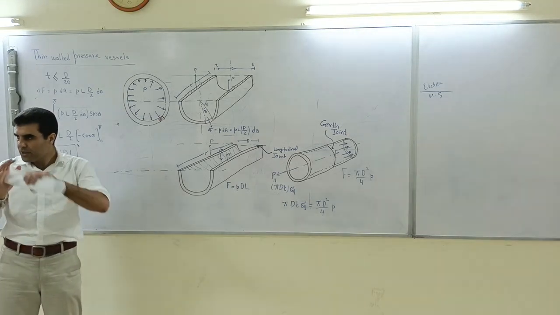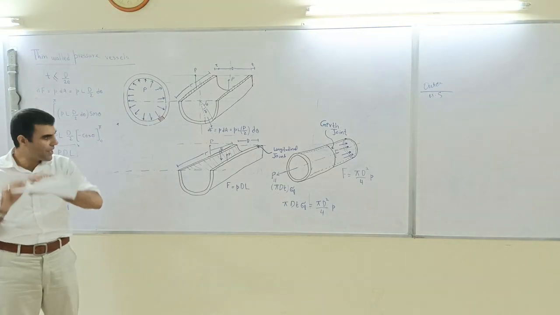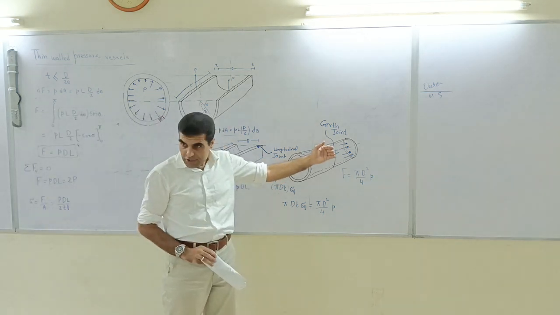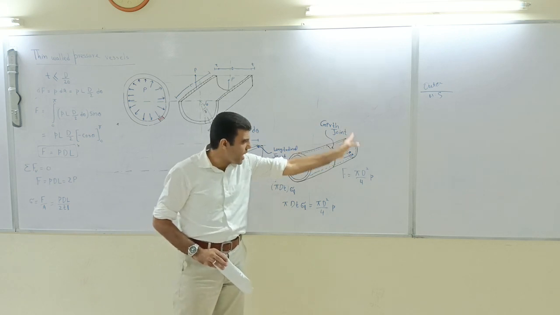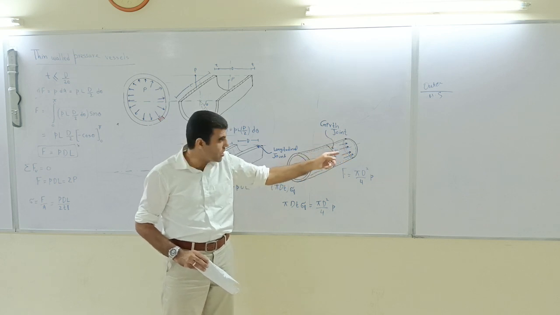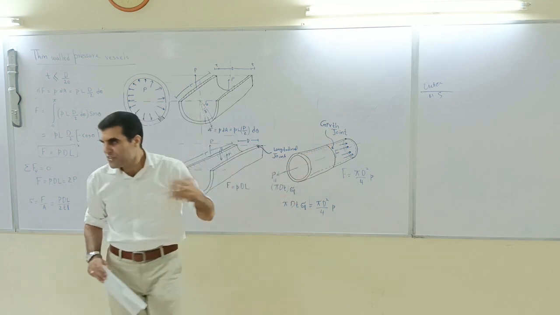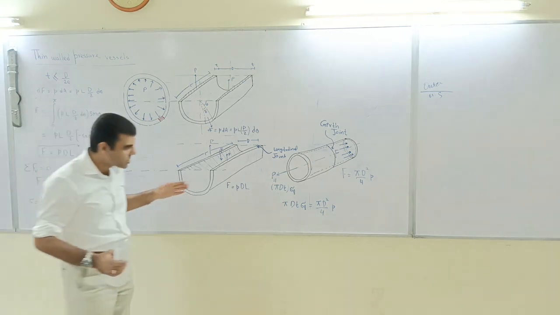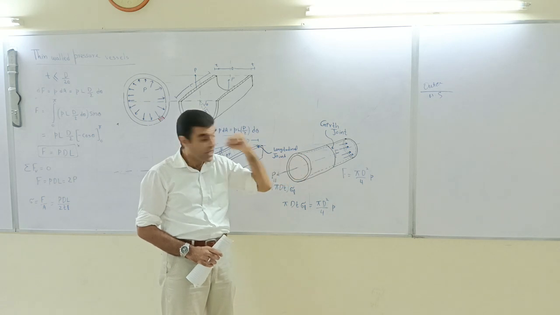Now, as I told you, in the case of pressure vessels, if we have a cap in the end, if you put a stop in the end, what will happen is that you will have pressure exerted on the wall also. So if you have this wall closed, if there are blinds which stop the flow, then that blind will be subject to horizontal force, or the same pressure but in horizontal direction.